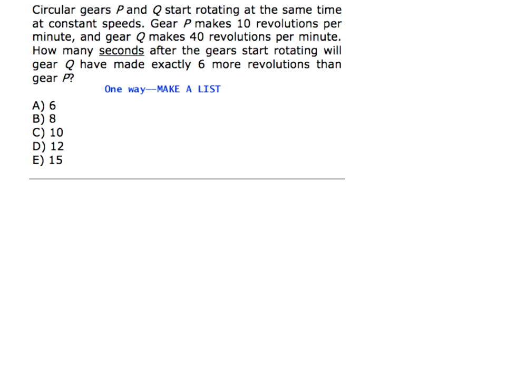So this is 10 revolutions per minute, which means that it's 10 over 60, 5th grade method, right? That's 1/6 revolution per second. And then this is 40 revolutions per minute, so that's 40 over 60, which is 2/3 revolutions per second.